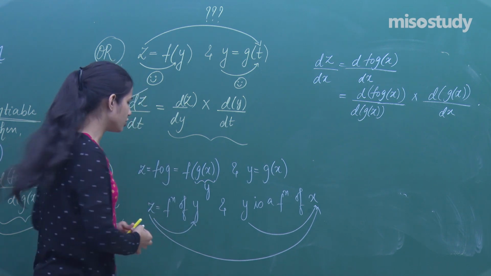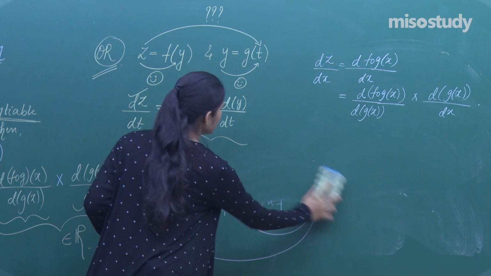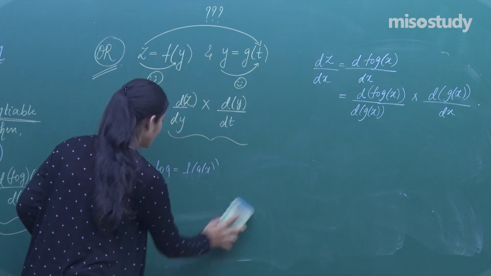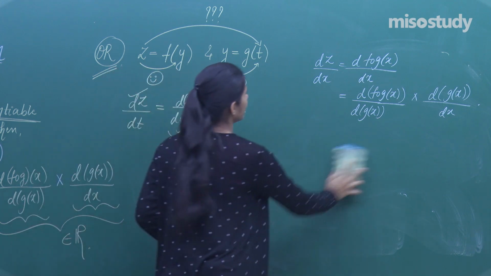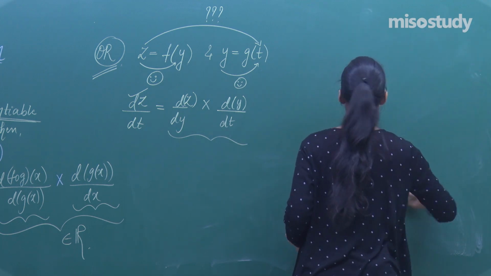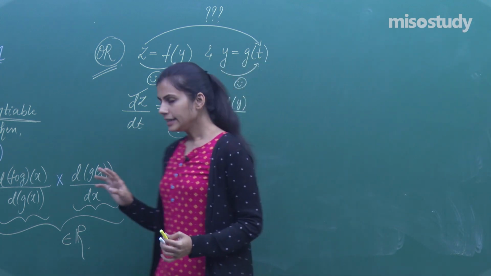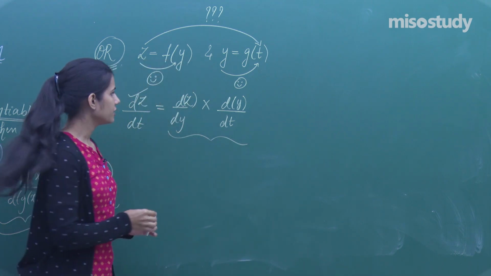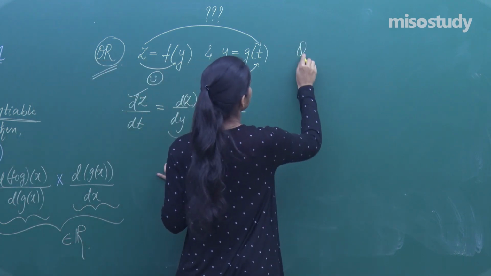What about the extension? Before I move to the extension, let's just try to apply this chain rule. In here, when I'm talking about the application, let me consider this question.